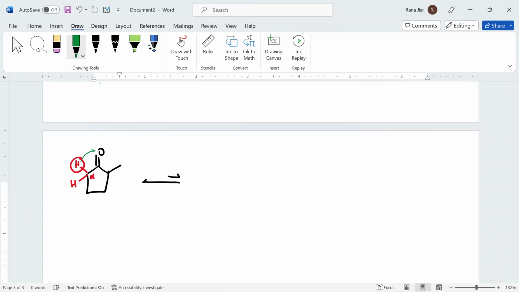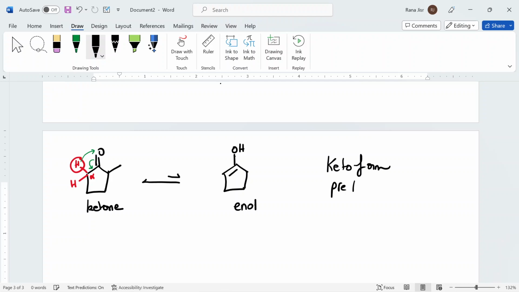Take this hydrogen and add it to the oxygen, and take this double bond and form a new double bond between the alpha carbon and the carbonyl. So now your enol is immediately, this is a carbonyl and this is going to be the OH. This is how you get the enol from the ketone. So in most cases, the keto form predominates.